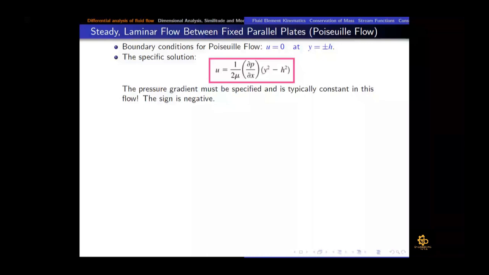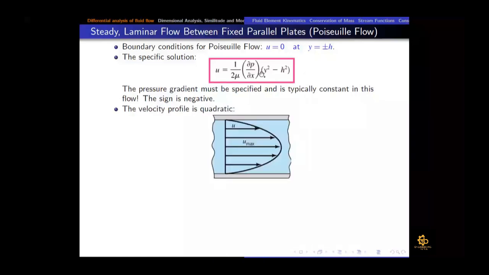So usually ∂p/∂x is a negative value, and because it is a quadratic equation, the velocity would be zero at the wall surface due to the no-slip condition, and it would have its maximum value at the center between these two parallel plates, and then it would again reduce to zero.